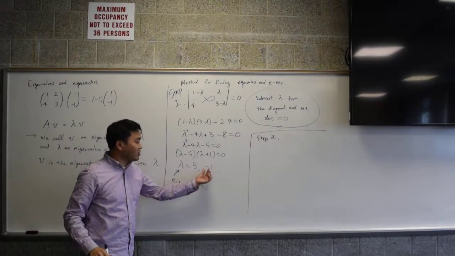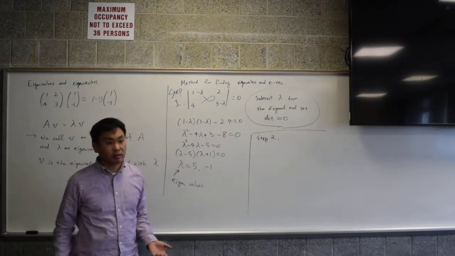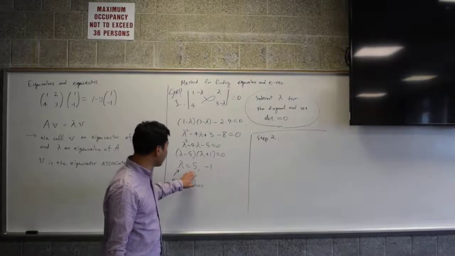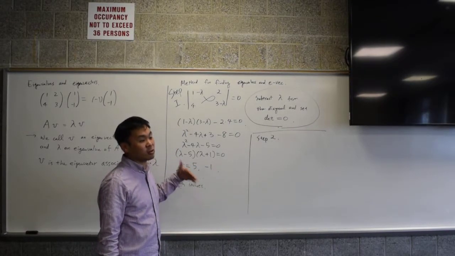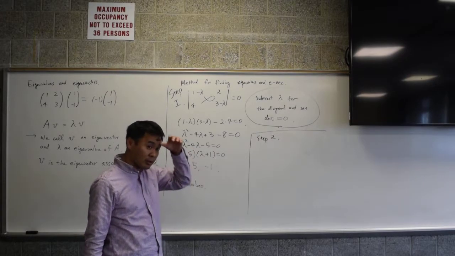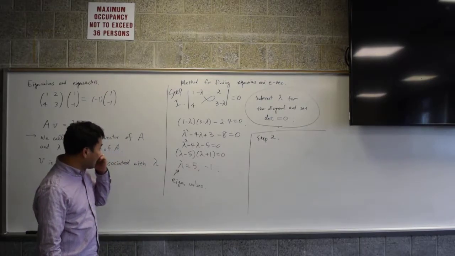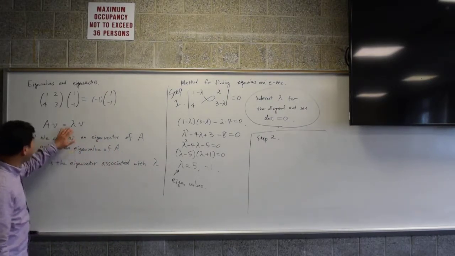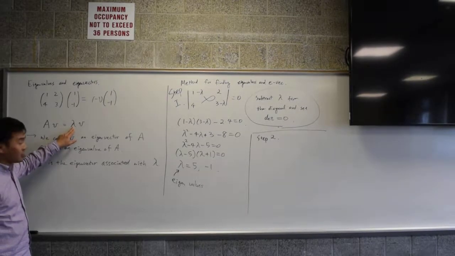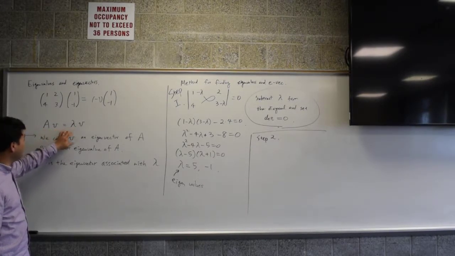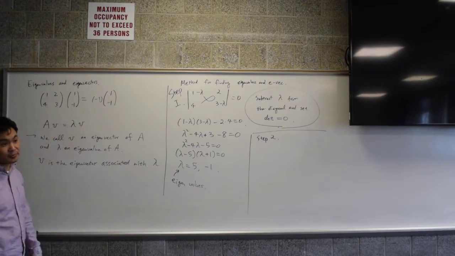Now step two. Each of these eigenvalues will have an associated eigenvector. Every eigenvalue that you get will have an associated eigenvector. So you have to plug that value back in here, because we found the value, and you just have to figure out what V satisfies this.